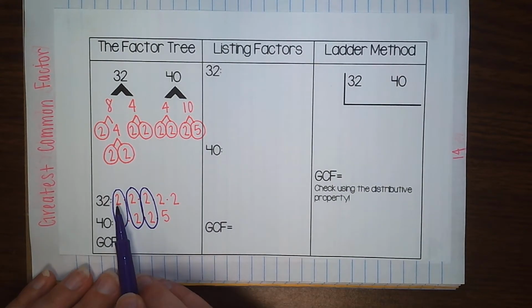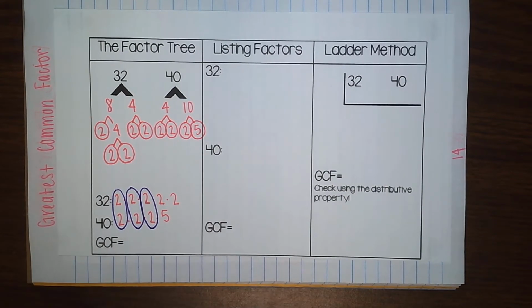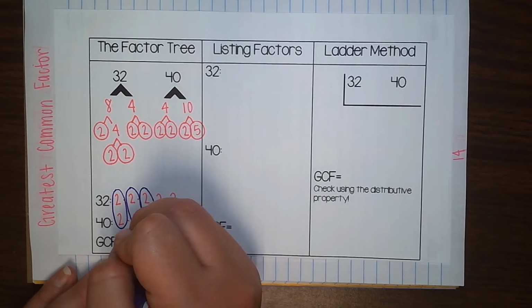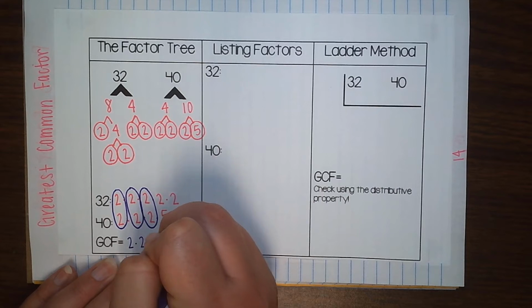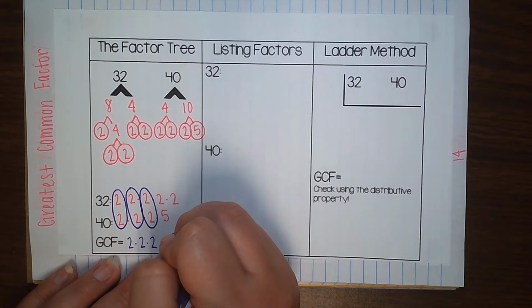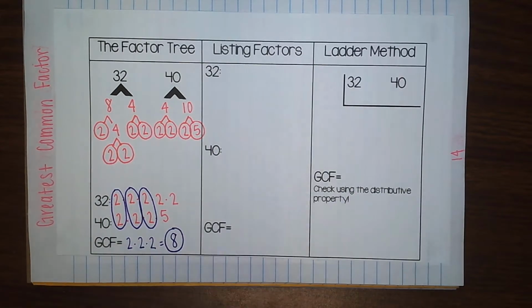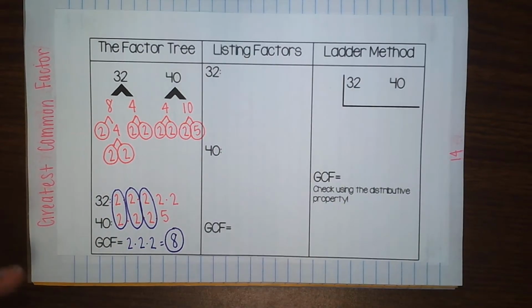So we have 1, 2, 3 sets of 2's in common. So 2 times 2 times 2, which gives us 8. So 8 is our greatest common factor.